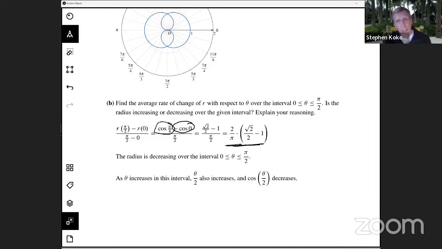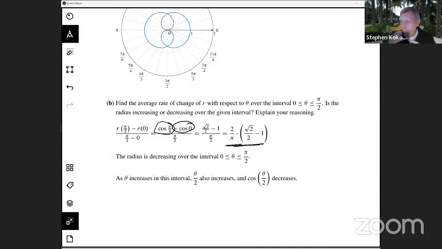But perhaps the more interesting question is: is the radius increasing or decreasing over the given interval? You might think about a particle moving along this curve. Is it getting closer to the origin or farther away from the origin as theta moves through that interval 0 to pi over 2? Vicky, Tom, you may have some better ways to do this, but I just reasoned this one out a little bit. I said, look, as theta increases in this interval, theta over 2 is also increasing.